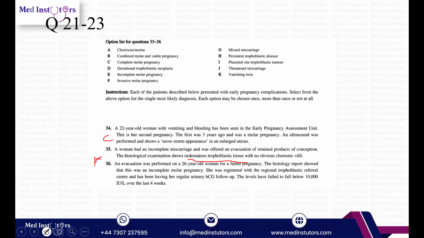Next question. You guys are amazing. It's right. It's D because you can see that the value has plateaued at 10,000. Okay. So this points towards GTN.